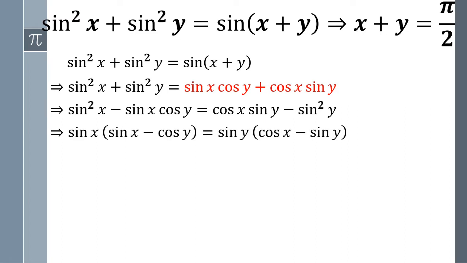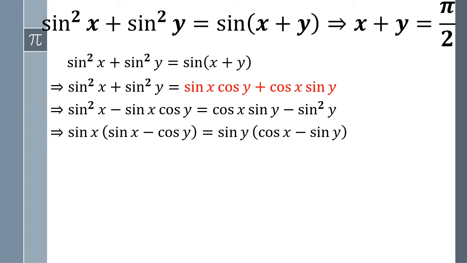Then the equation becomes sin x times (sin x minus cosine y) equals sin y times (cosine x minus sin y). Note the two terms in the brackets, sin x minus cosine y and cosine x minus sin y. It reminds me of the sum to product formulas.